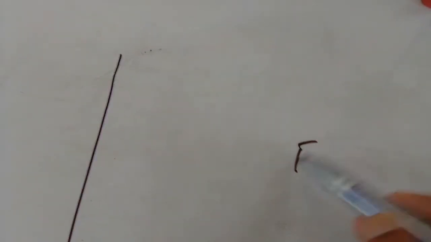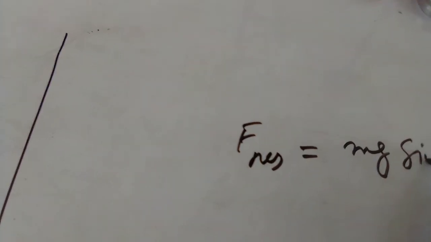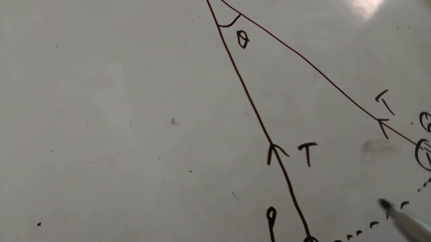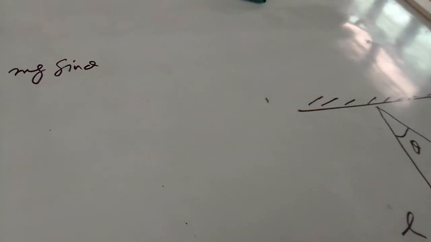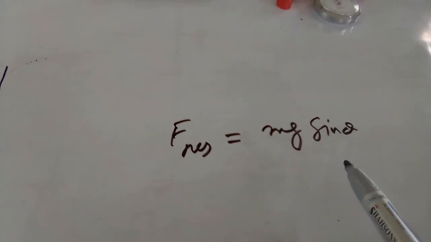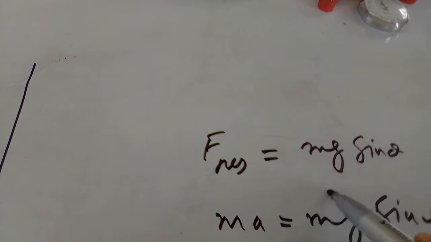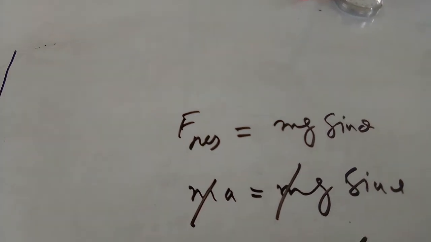That is, restoring force is equal to mg sin theta, if we displace the bulb from the mean position by x, and the pendulum length is L. Also according to Newton's second law, ma is equal to mg sin theta. The m cancels, so a is equal to g sin theta.